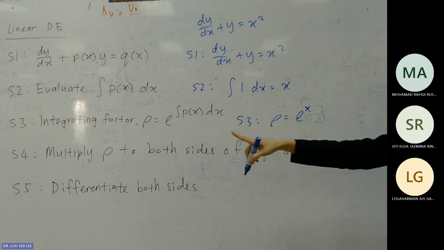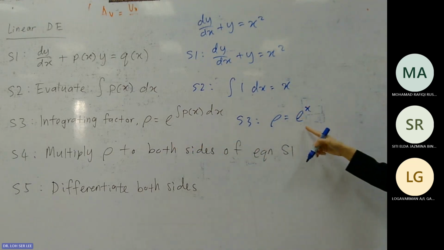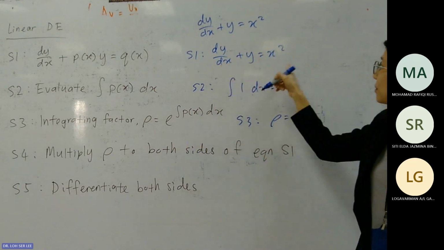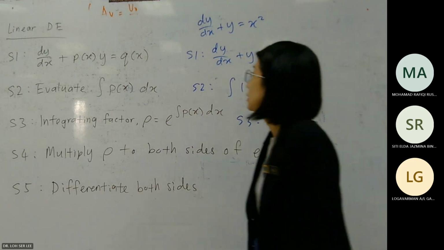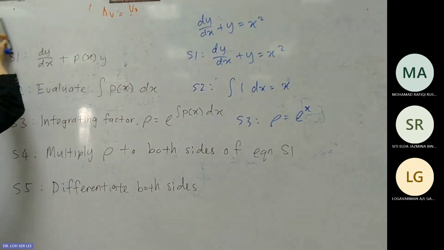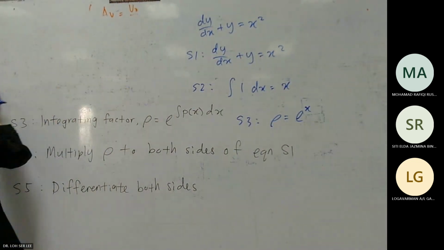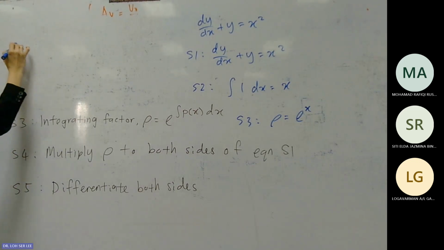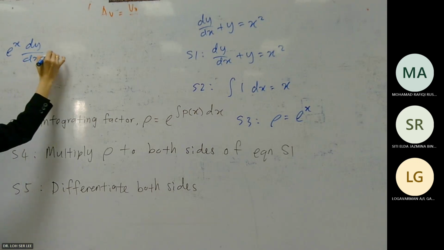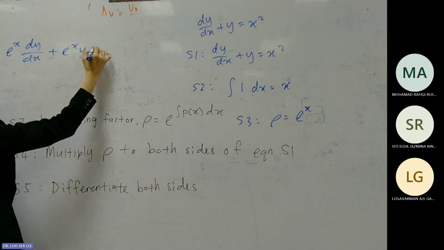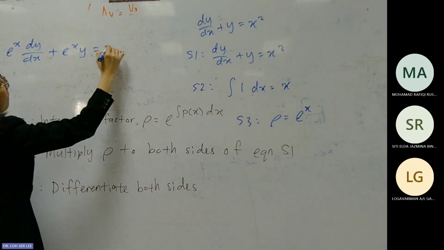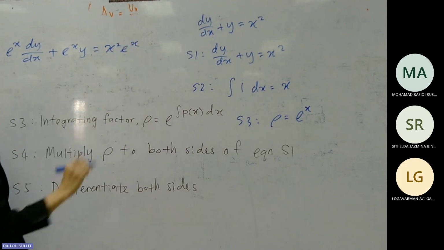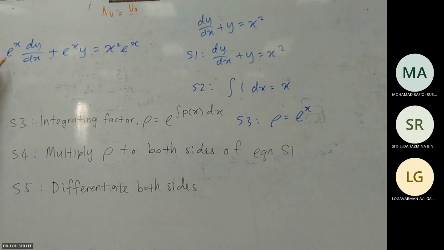Step 4, we need to multiply this e^x to both sides. So e^x multiplied to dy/dx plus e^x y equals x squared e^x. This is your step 4.